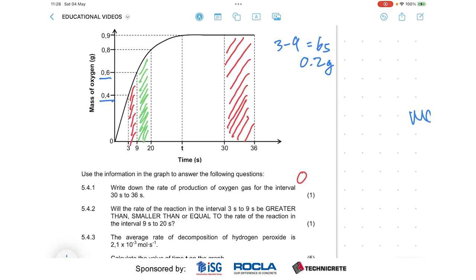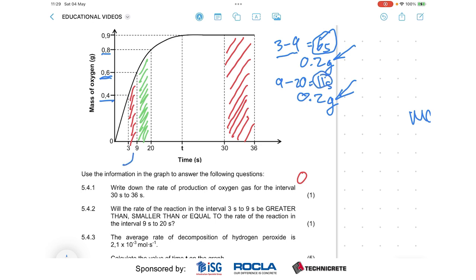Okay. For 9 to 20, the time is 11 seconds. And the change in mass is from 0.6 again to 0.8, so it's 0.2. So what we can see already is that for 3 to 9, it's the same change, okay, but in less time, 6 seconds versus 11.